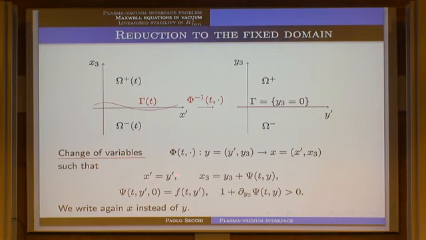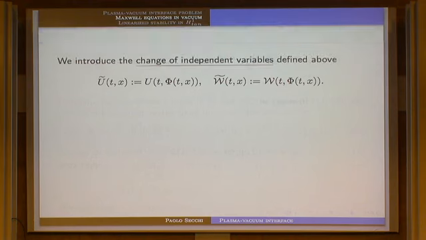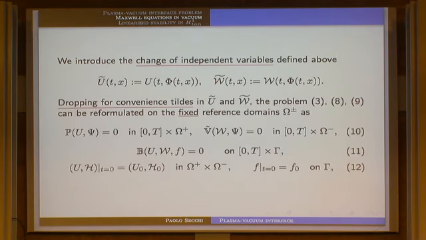And when y3 is 0, we get f, small f, at the front. And after that, we change again the letters and we write x instead of y, and introduce the change of independent variables here. Then we neglect the tilde.